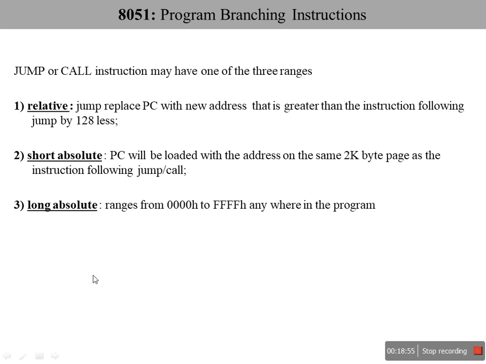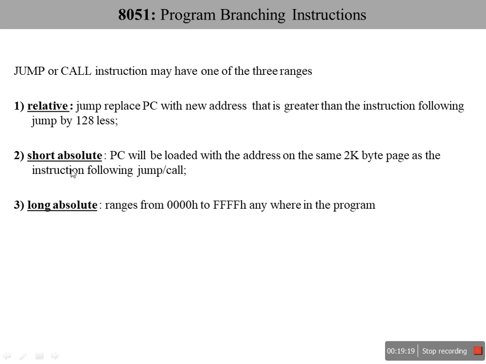That means if your control is somewhere here, then the jump can be 128 bytes towards this side or towards this side. So based on this, a jump will be taken.